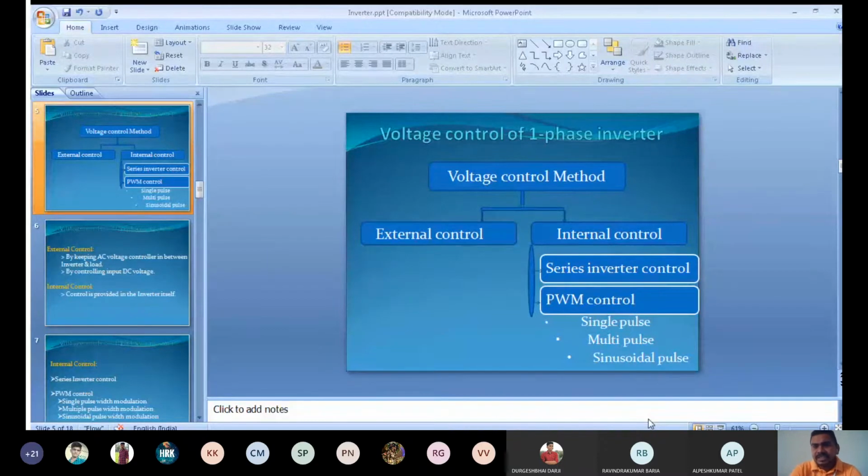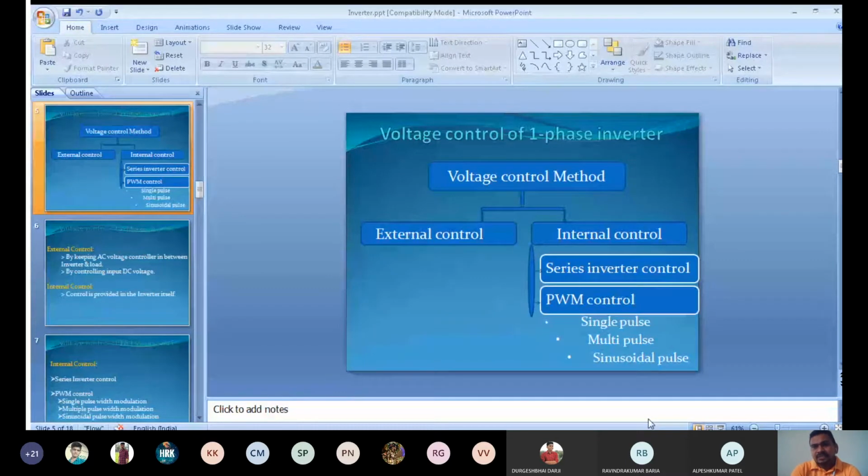Whereas in the internal control method, we are doing something in the inverter itself, so it is known as the internal control method. Understood the difference between these two? In the external control method we are not doing anything in the inverter itself; whatever we do is outside of the inverter. In the internal control method we do something in the inverter itself to control the voltage.